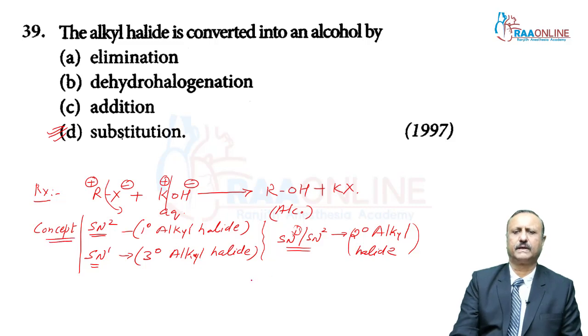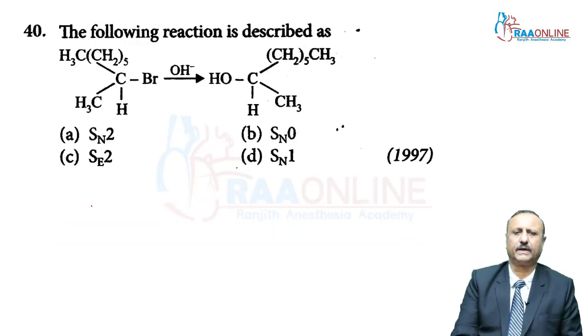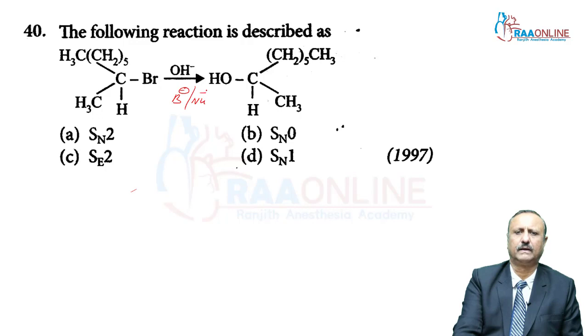This is the concept, my dear students. This is question number 40. Here you can see the base, which is also a nucleophile, and this nucleophile attacks the carbon atom with removal of the Br minus ion. You can see CH3, H, CH2CH3, and OH ions are present here.